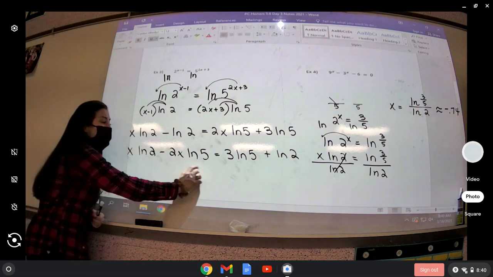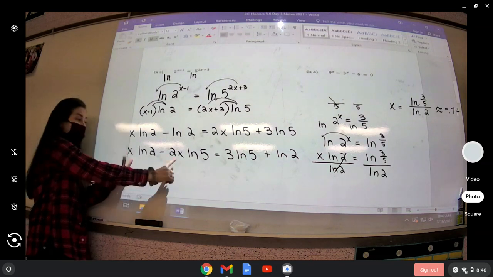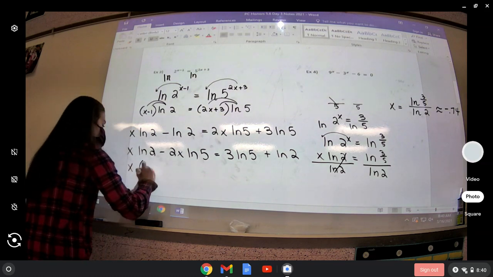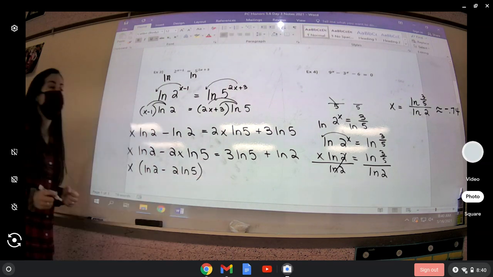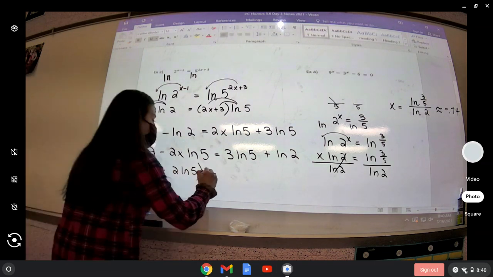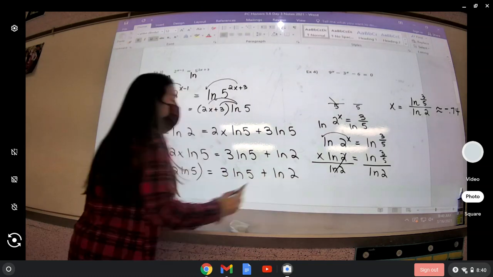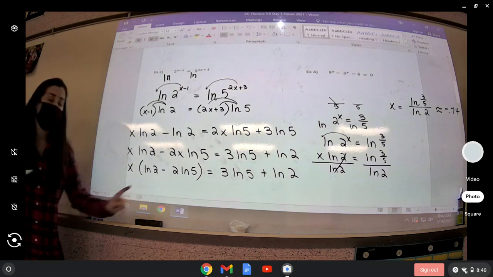All right, so now, by moving everything with an x to the left, what does this term and this term have in common? An x. We can factor it out. Factor out the x. And now the only thing you have to do to get x by itself is divide by that.